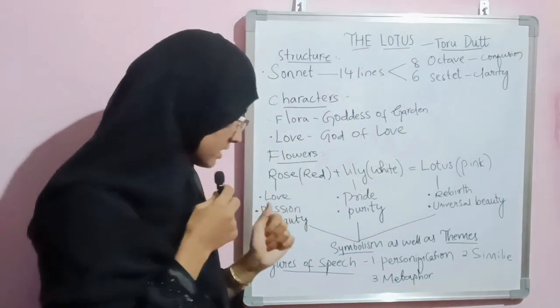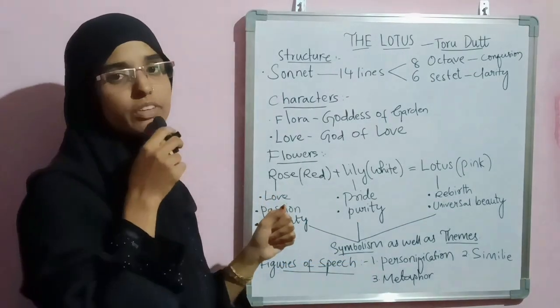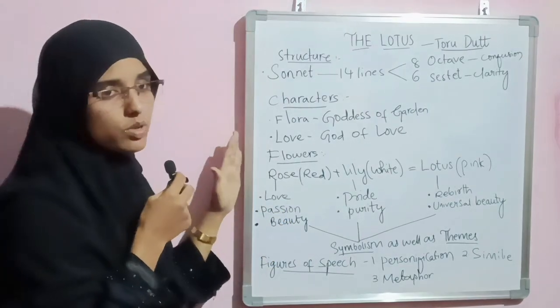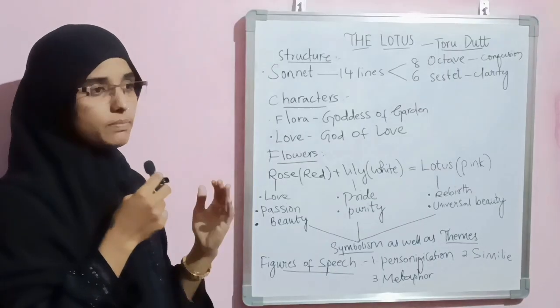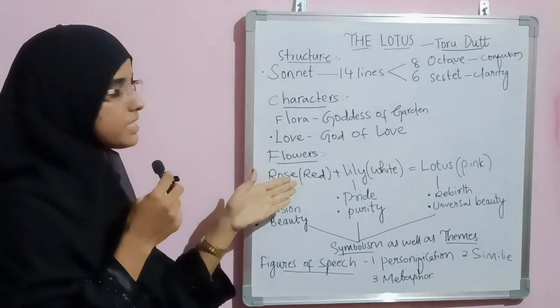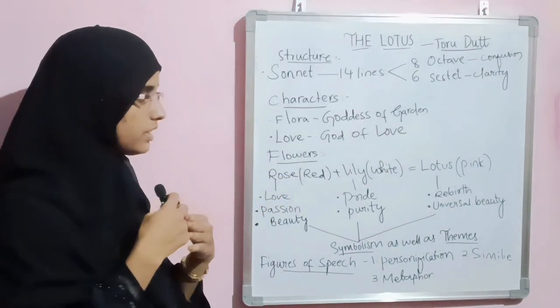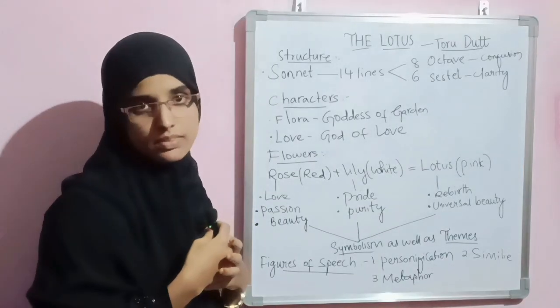Next, figures of speech. Here, personification. This poem also has another reference: the intermixing of East and West. Here, the red rose defines the ancient Asian people, whereas the white lily describes the white people, the Britishers.